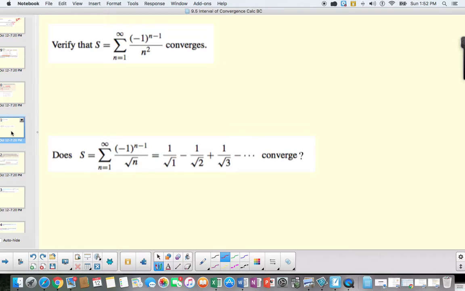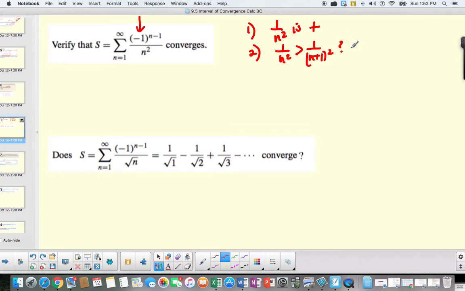Okay, let's go ahead and use it. I can see this is an alternating series, so I'm going to use the alternating series test. Number 1, do I know that this is positive? I have to say that. Number 2, do I know that 1 over n squared is greater than the very next term?